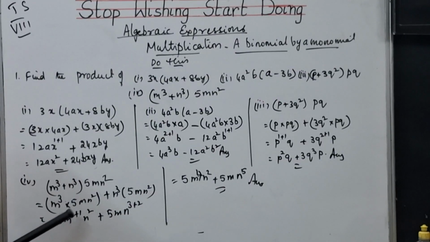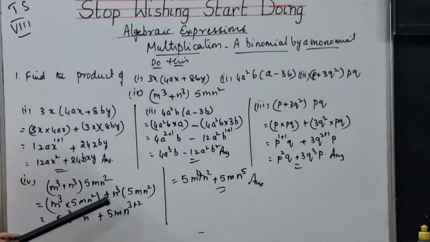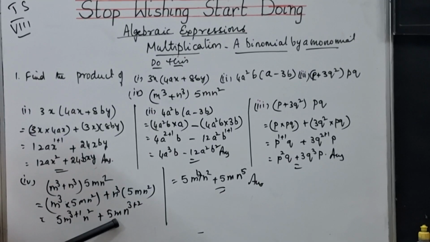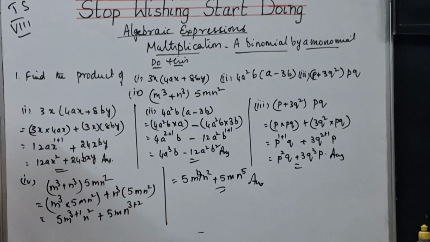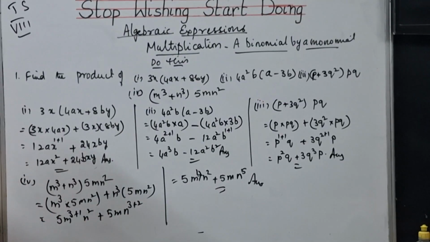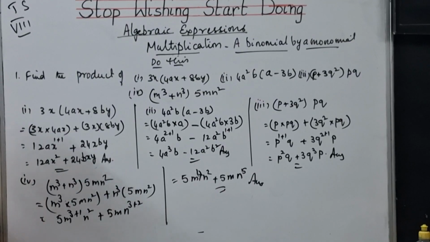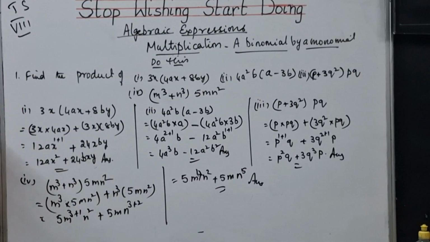M cube, 5 into 1, 5 into m cube, m to the power of 3 plus 1 n square plus 5 m, n as it is, n to the power of 3 plus 2. So 5m to the power of 4 n square plus 5mn to the power of 5. These are the answers, children. Please note it down.